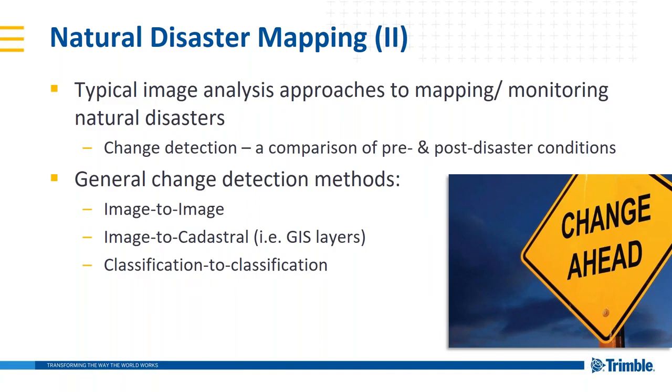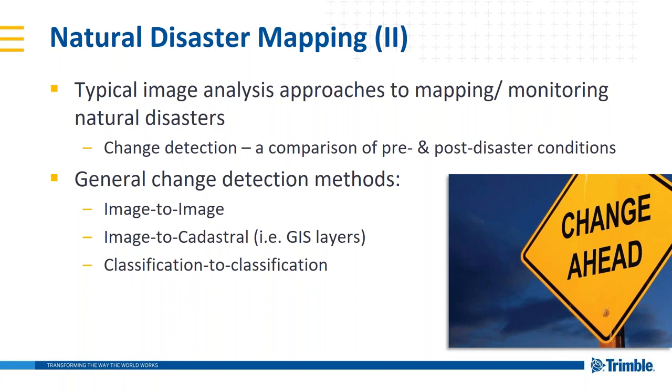Typically, the image analysis approach to mapping and monitoring of natural disasters, we call this change detection. So again, a comparison of that pre- and post-disaster condition. In remote sensing, or at least in remote sensing within eCognition, there are three general approaches that can be taken here.